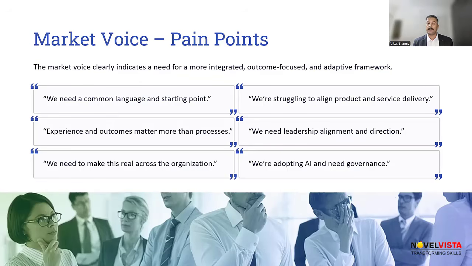And then in the end, we heard a few saying we are adopting AI and we need very good governance for AI. Many organizations are struggling there. So ITIL version 5 has a separate module for AI governance. And in fact, we will discuss more on that. So if you do that particular module, you will be able to establish good governance across AI.